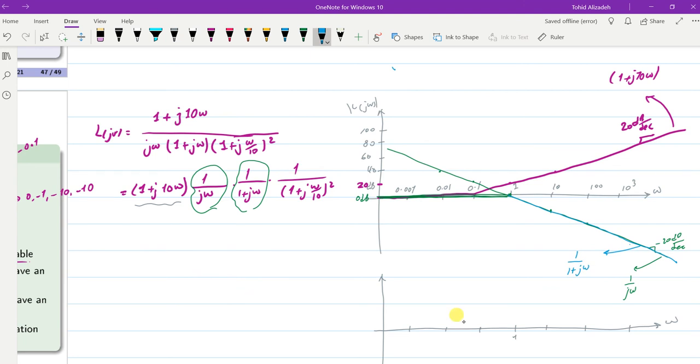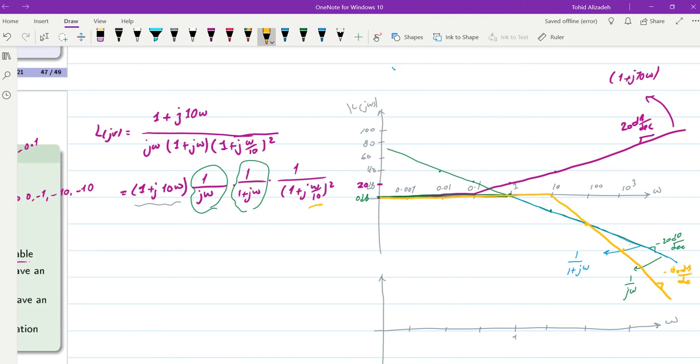And the last component is 1 over 1 plus j omega over 10 squared. So up to the frequency of 10, we will have 0 decibel approximately. After that, we will have minus 40 dB per decade. So at this point, we will have minus 40. At omega equal to 10 to the power of 3, we will have minus 80, and this will be our last component. So minus 40 dB per decade.